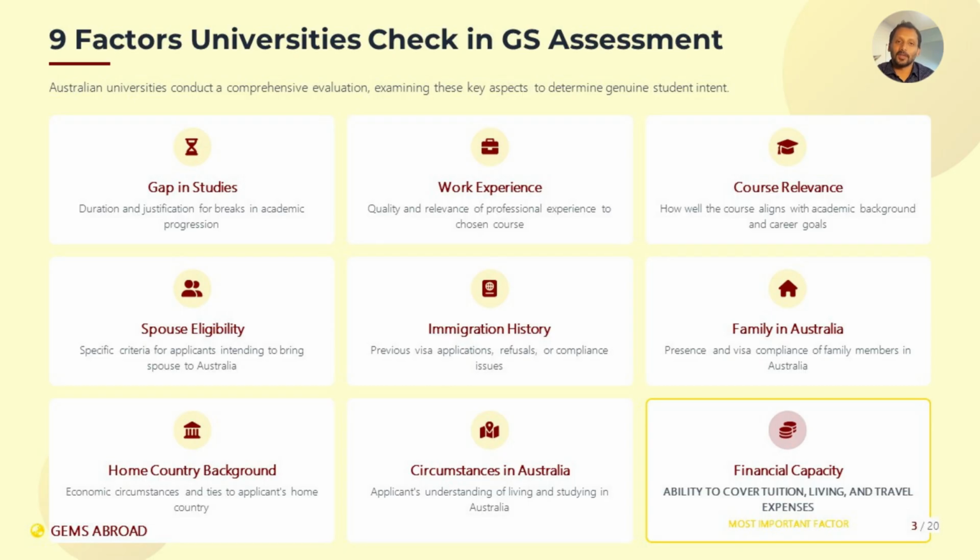The GS framework evaluates 9 critical factors during your application assessment. While financial capacity remains the most heavily weighted factor, all 9 components are carefully scrutinized.